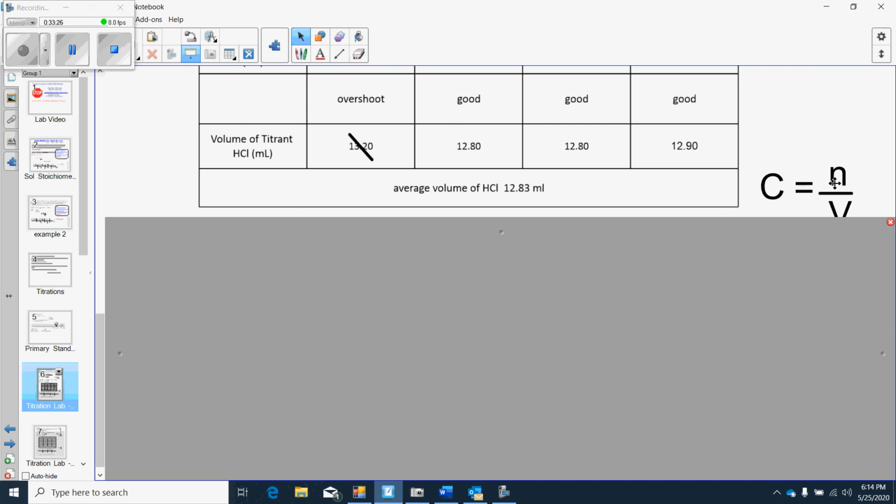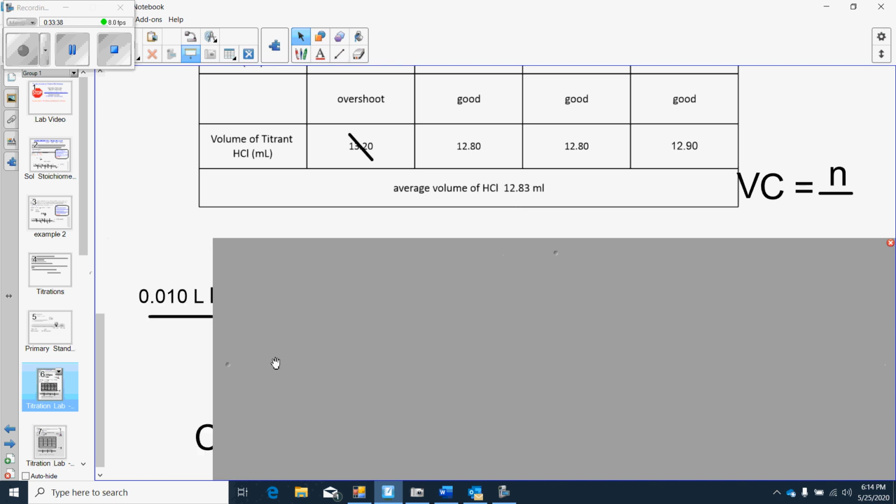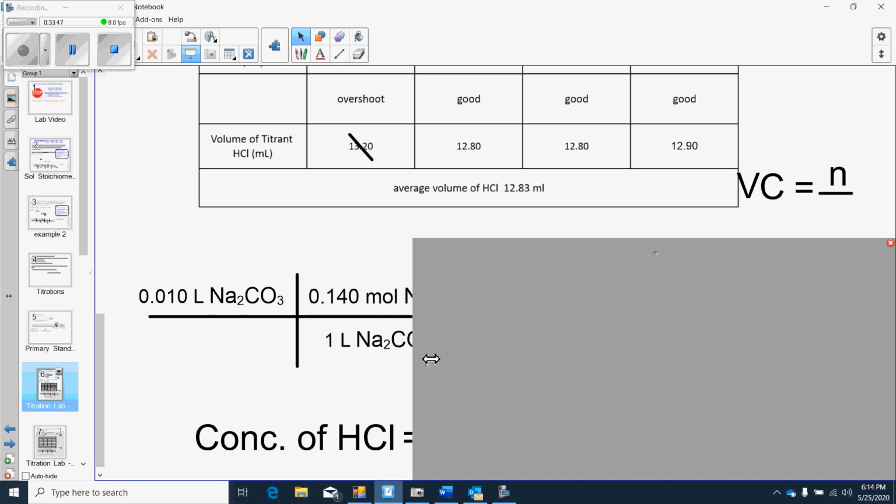So for solution stoichiometry, our first is to change our concentration to moles. So if you recall, we bring our volume up here, and we're going to start our boxes with our volume. Okay? So we take the volume of our given, and our given here is sodium carbonate. We multiply it by the concentration of our given, which is sodium carbonate.